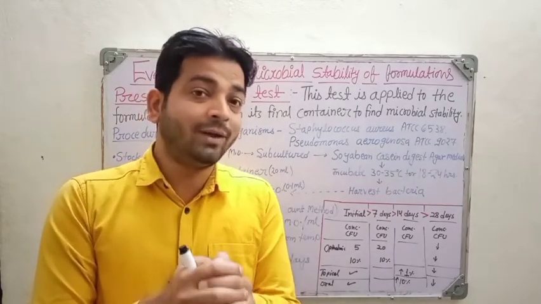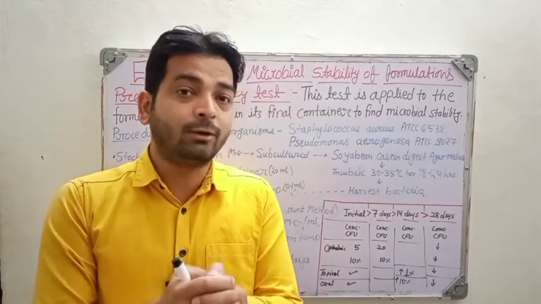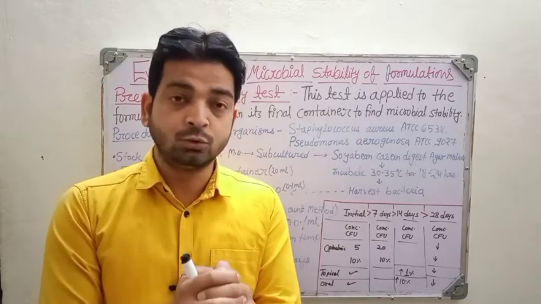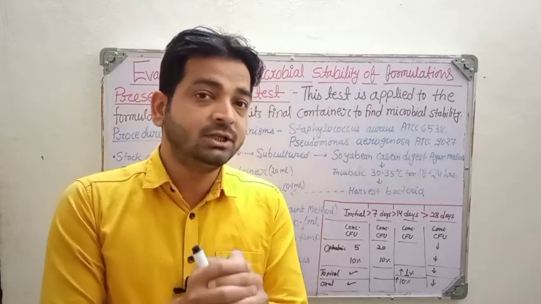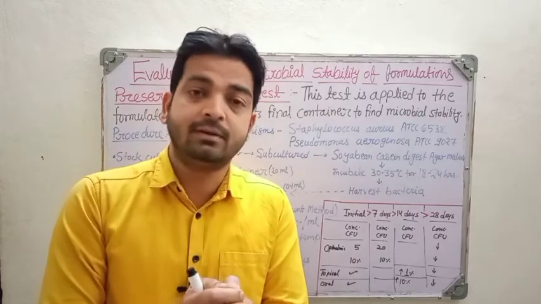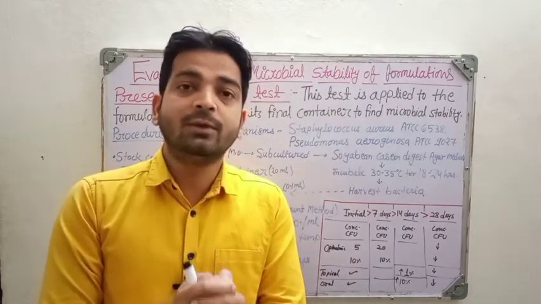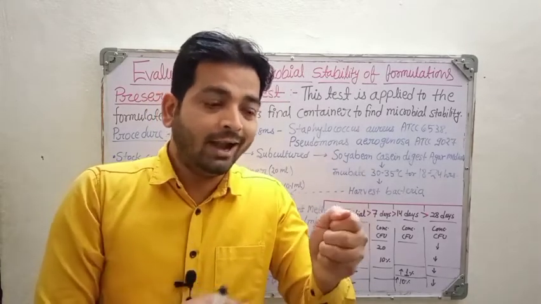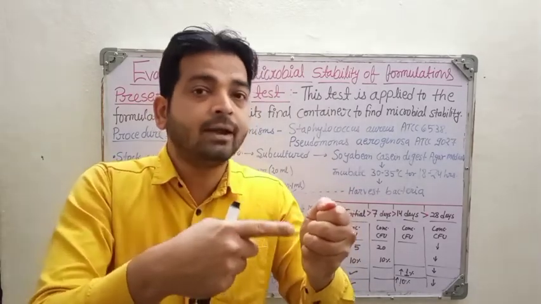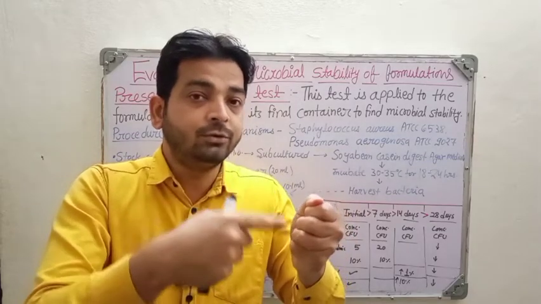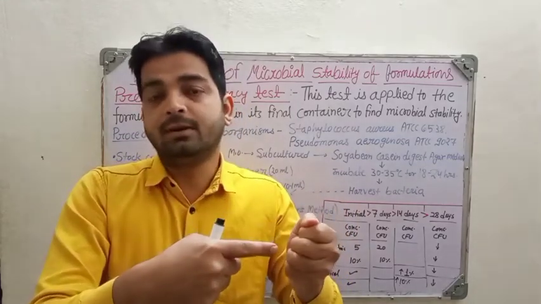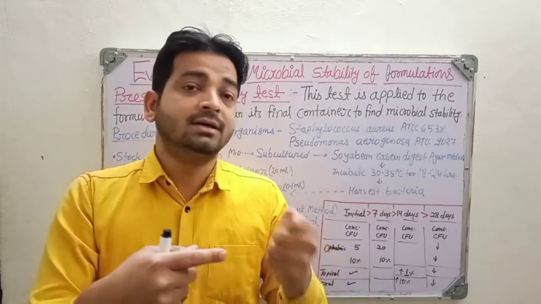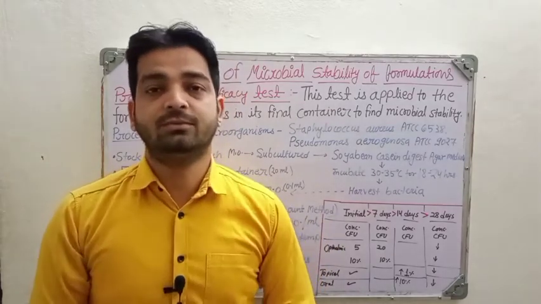Now whether those preservatives make your formulation microbially stable, or are able to fight the microorganism during storage, during the expiry date time period, that we are checking. That is why we add the microorganism and incubate, and we see the growth of microorganism, the colony forming unit per ml in the sample, and we determine the efficacy of the preservative. Thank you.